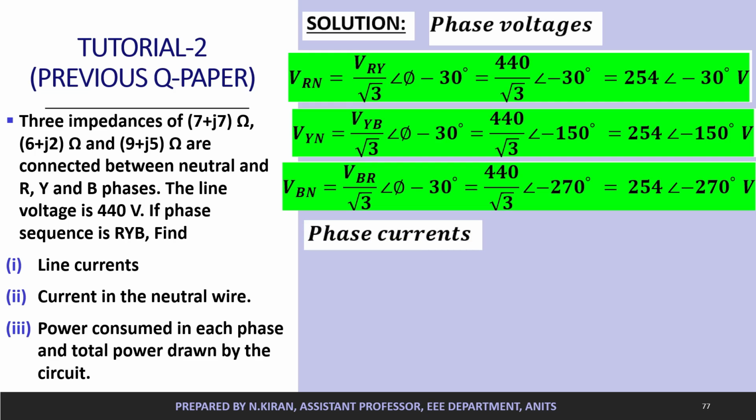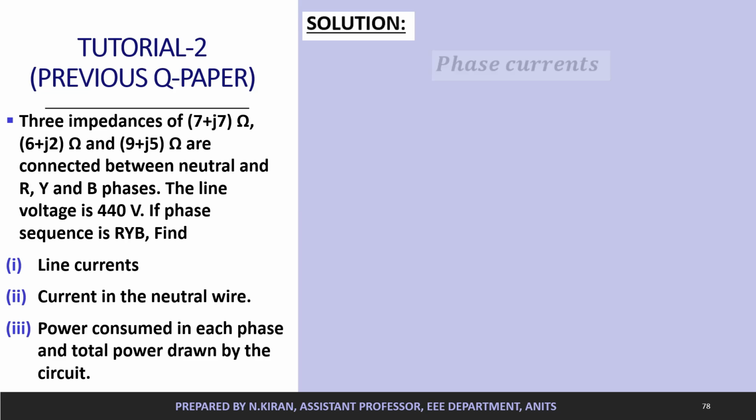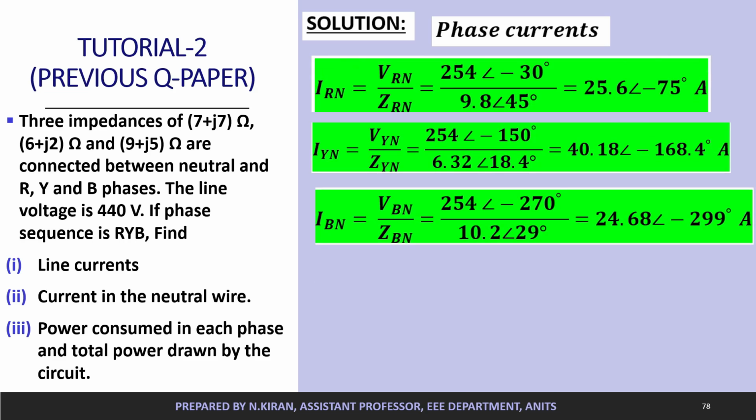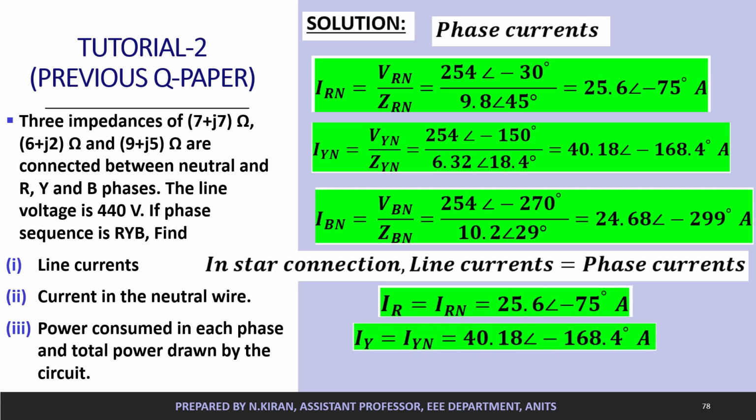I is equal to V by Z, so correspondingly phase currents IRN, IYN and IBN are calculated, just taking the ratio of phase voltage as well as phase impedances. Since this is a star connected system, the magnitude of line currents is equal to the magnitude of phase currents. So IR will be equal to IRN, IY will be equal to IYN, and IB will be equal to IBN.